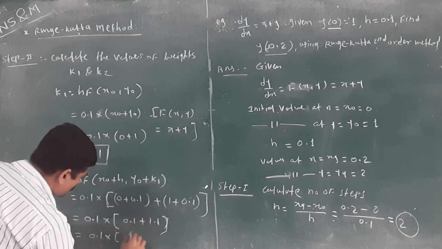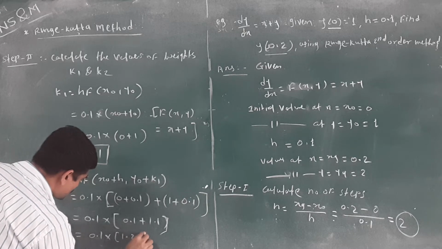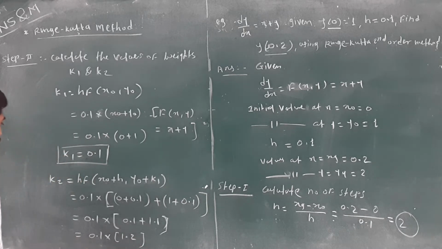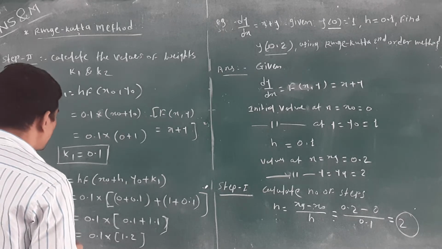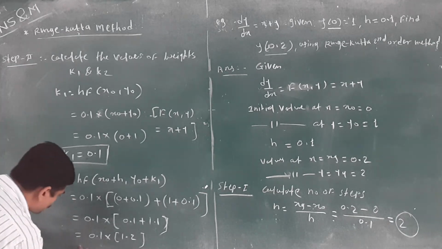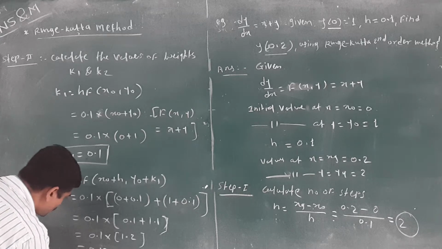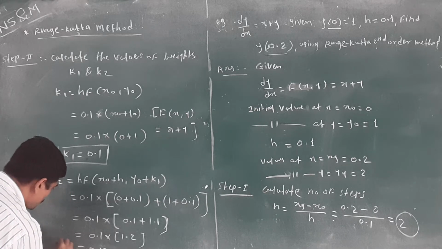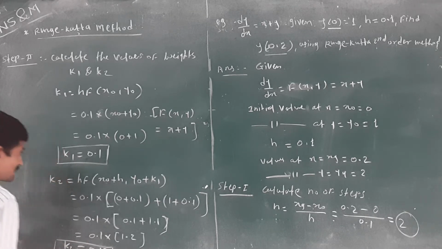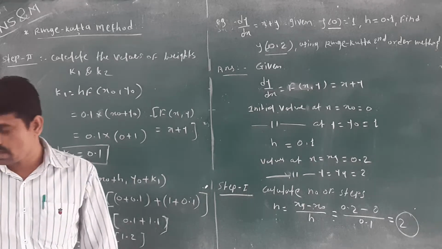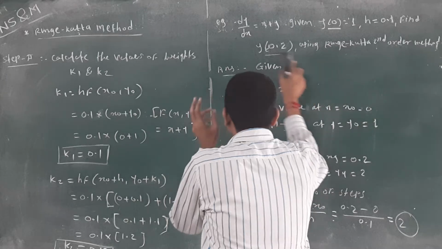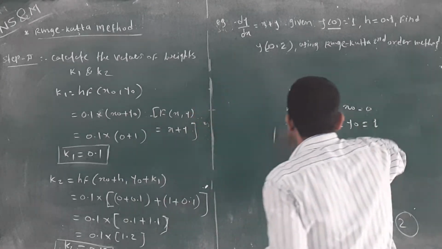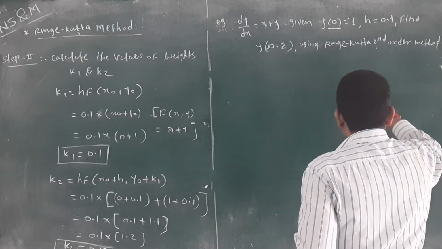Check that, 1.2 into 0.1, you will get 0.12. Okay, K2. We have found the weights K1 and K2. I will erase this side. K1 and K2, we have found out the values of K1 and K2.